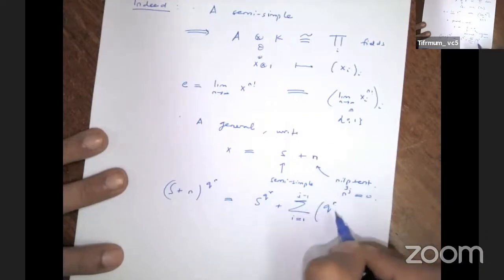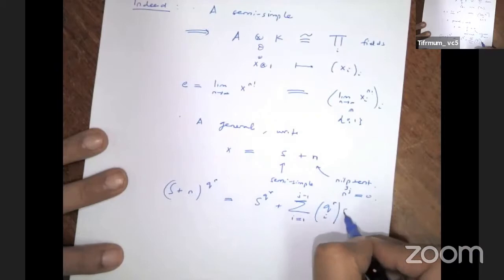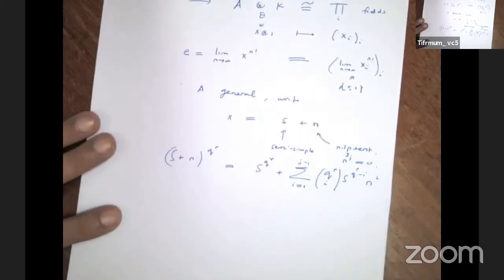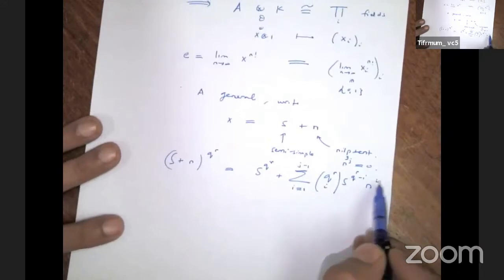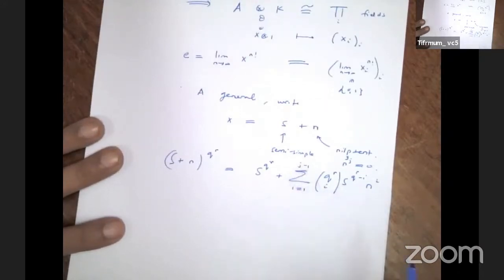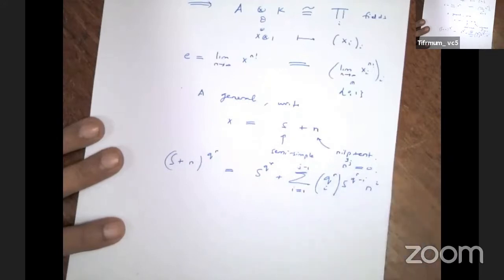Q to the R choose I, S to the Q to the R minus I, N to the I. Right, just the binomial expansion, but I'm terminating this at N to the J. I'm not taking things beyond N to the J. My I is only stopping at J minus 1, because N to the J is 0 and all higher powers are 0.